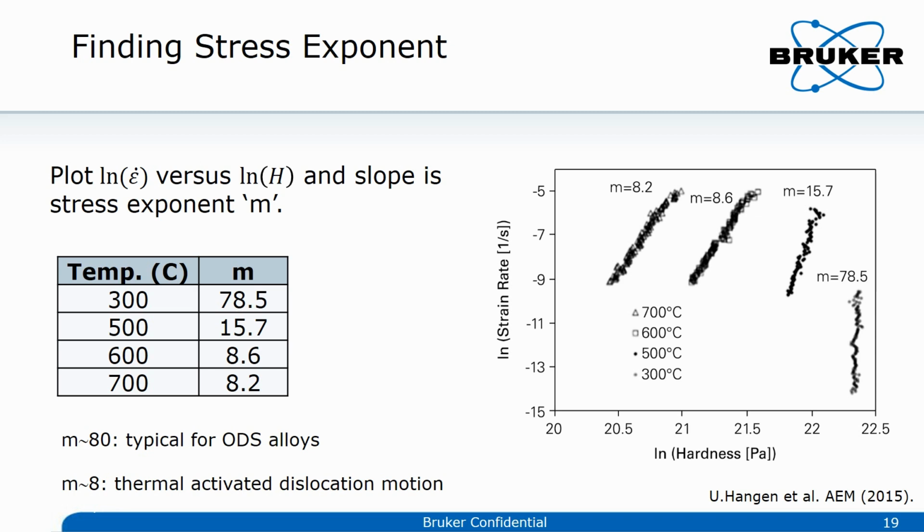The material is more sensitive to the stress applied. Surprisingly, the transition from a high creep resistance to a lower creep resistance is already happening at around 400 to 500 degrees C, which is a surprise for an alloy that is designed for high creep resistance.